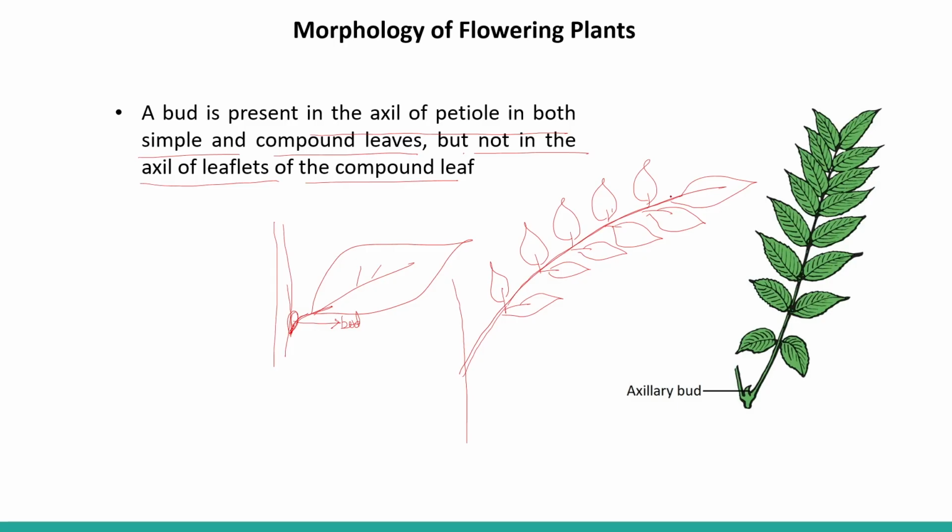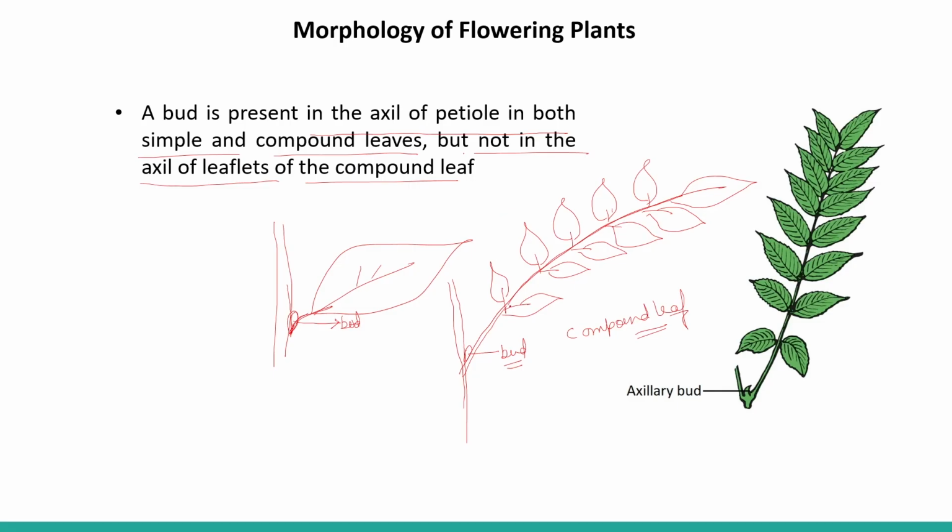Like this. So this is a compound leaf. Now in the compound leaf, where the axil is present, this is the main branch through which the stem is attached here at the leaf base, and here the axil is there. So this is the bud, the axillary bud.